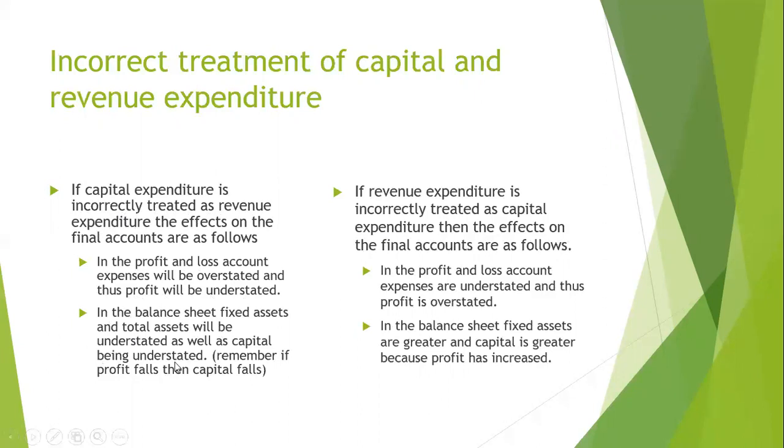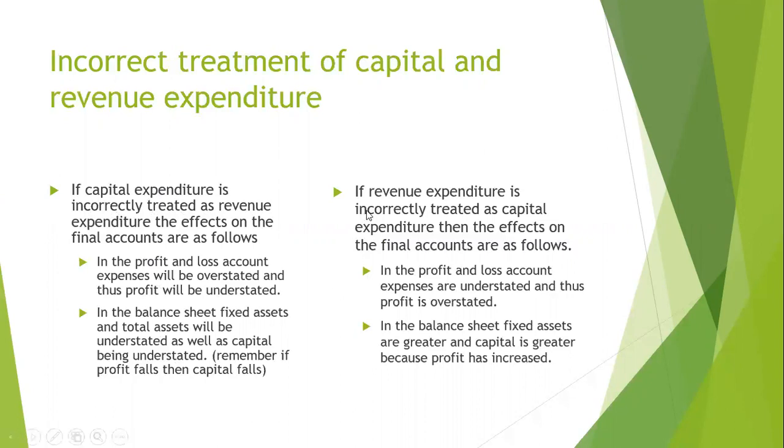Why is capital understated? You know that if the profit falls, then the capital falls. So if capital expenditure is incorrectly treated as revenue expenditure, in the profit and loss account, expenses will be overstated, so the profit will be understated. In the balance sheet, fixed assets will be understated, so the capital and total assets will be understated as well.